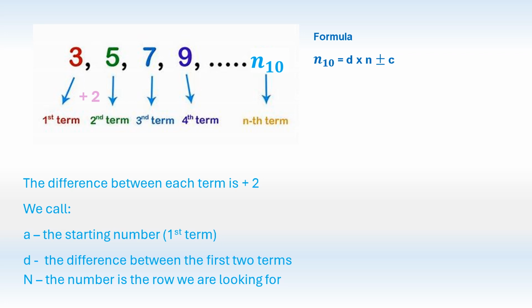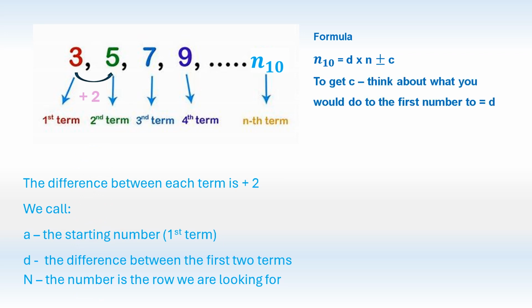Now, in order to apply this, we're going to write down A. We had A is 3, D is 2. Now to get C, we think about what must we do to D to get 3. So we're going to add 1. So we're going to say 2 plus 1 is 3.